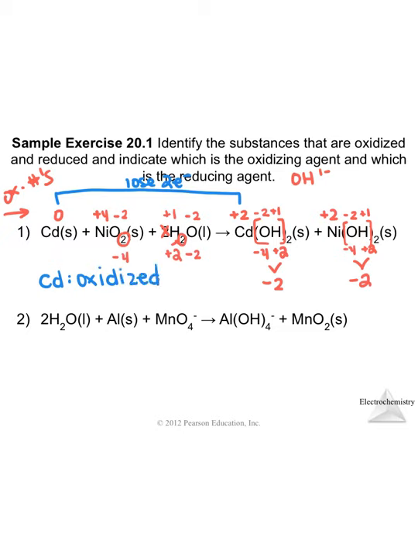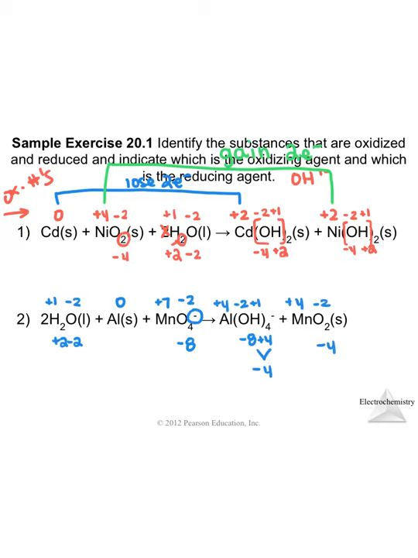And then the nickel goes from +4 down to +2. So the nickel is reduced, which means that it gains. Reduction is gain of electrons. Okay, try the next one on your own and then check your answer.